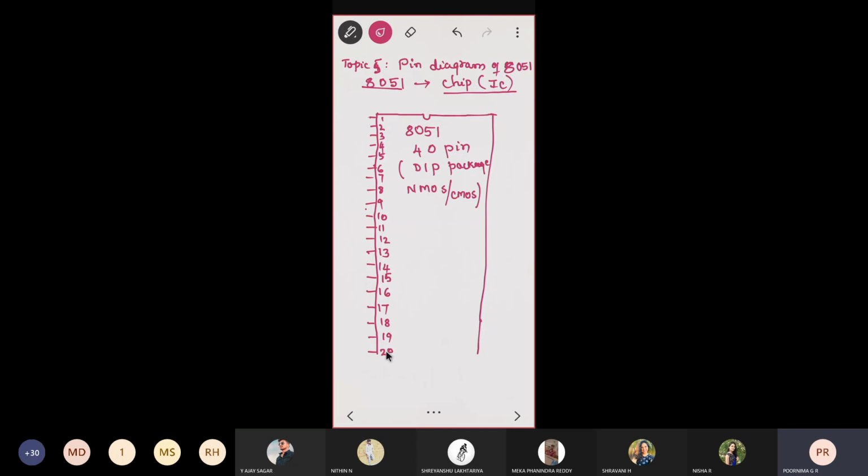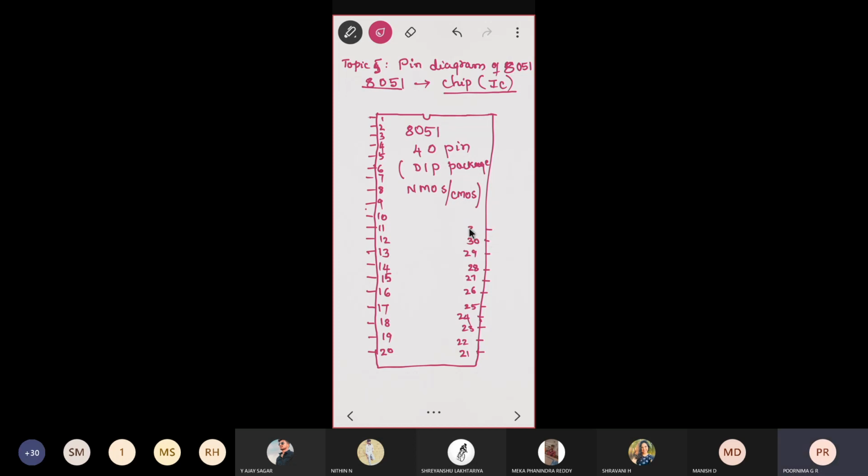I'll write 20 inside because I have to write the pin details on the other side. 20, 21, 22, 23, 24, 25, 26, 27, 28, 29, 30. The rest of the pins are how many? Another 10 pins.